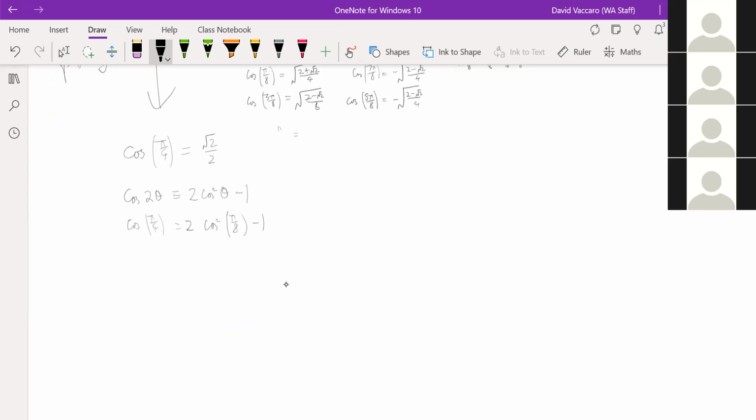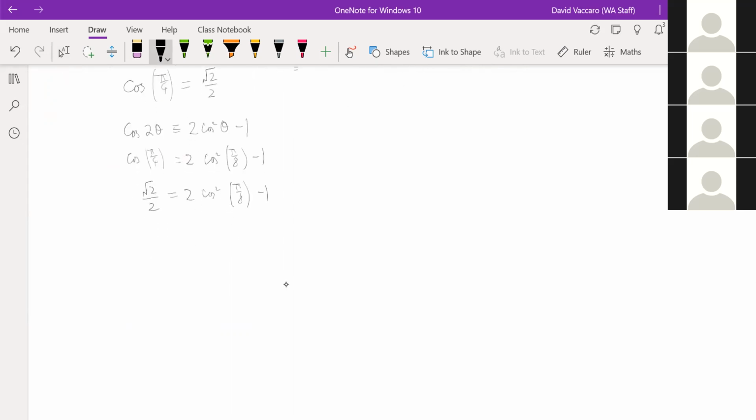But then if we use the value of cos of pi over 4, we get root 2 over 2 is equal to 2 cos squared pi over 8 minus 1. So then we get root 2 plus 2 over 2 is equal to 2 cos squared pi over 8. And then we get cos squared pi over 8 is equal to root 2 plus 2 over 4. And so cos pi over 8 is the square root of root 2 plus 2 over 4.